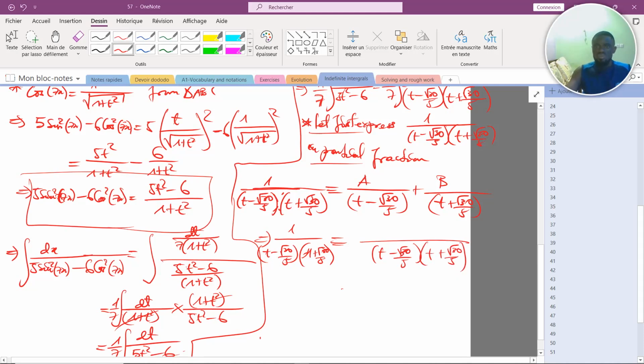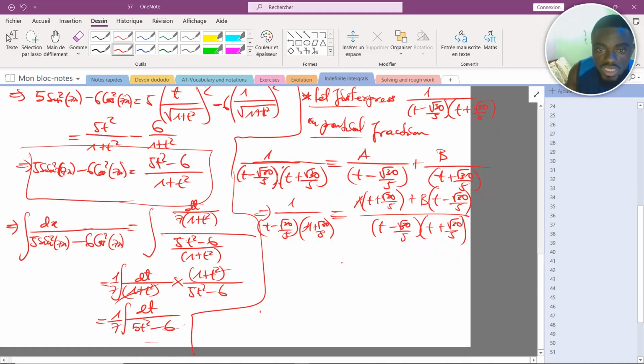So this divided by this, I will have here A into t plus root 30 on 5 plus B into this divided by this, this one goes, and we'll have B into t minus root 30 on 5. Perfect. Since the denominators are already identical, the tops must be identical. So this implies 1 will be identical to A into t plus root 30 on 5 plus B into t minus root 30 on 5.